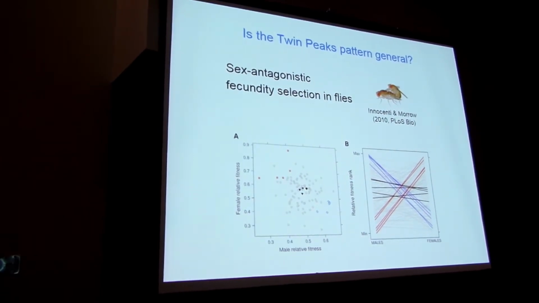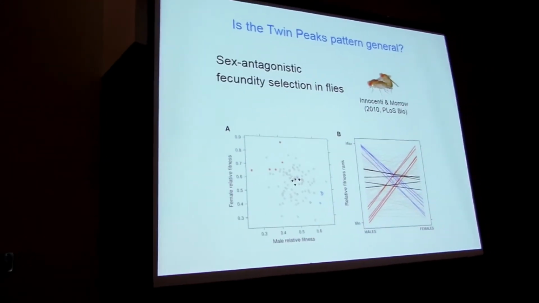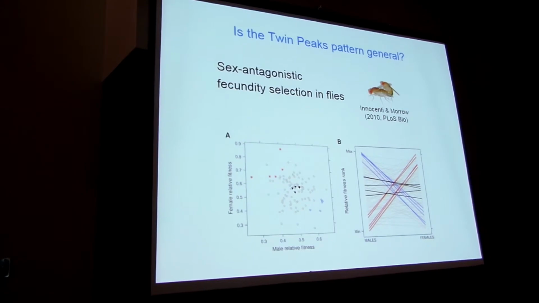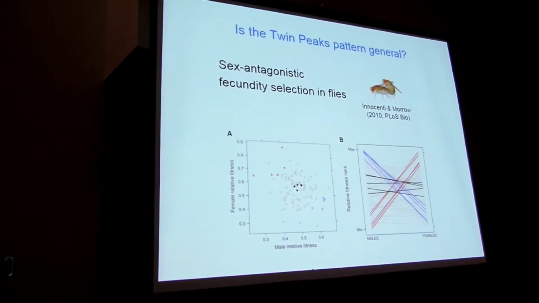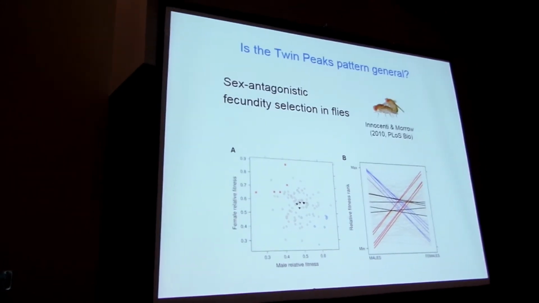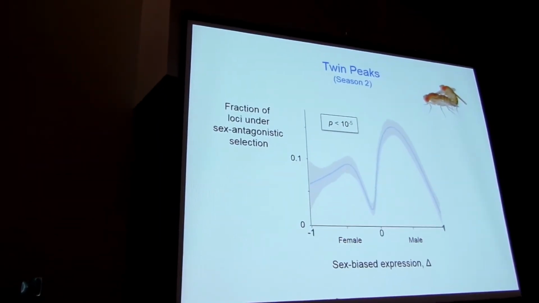Okay, not viability, fecundity selection. And they also measured gene expression. So they have a list of genes, about 8% of the genes are under sex antagonistic selection. And what we're going to do with their data now is not look at FST between the sexes, but ask, and sure enough, Twin Peaks season 2.